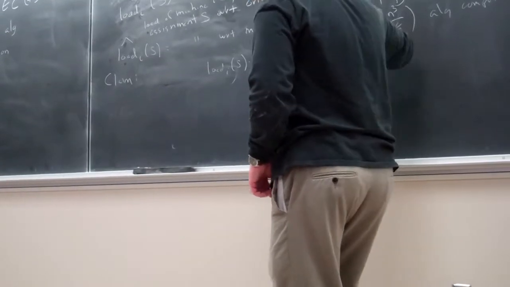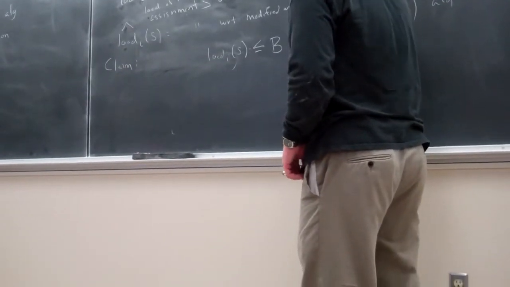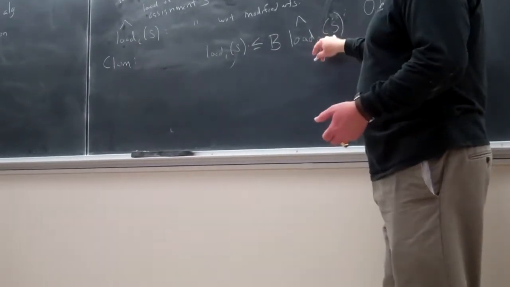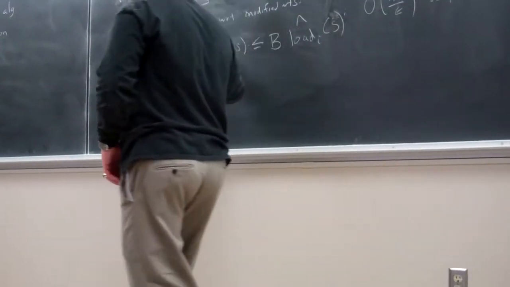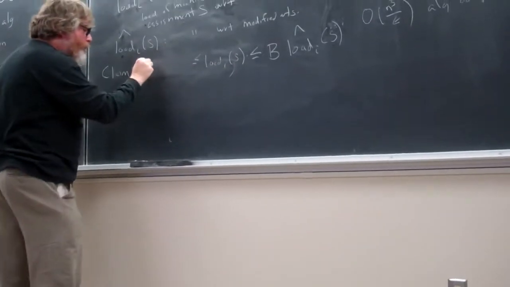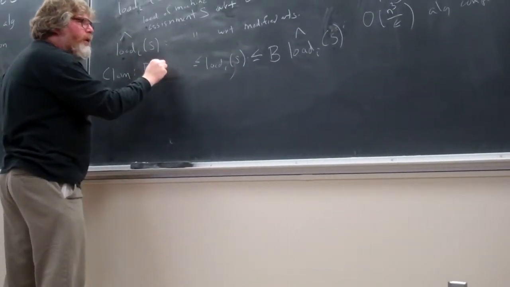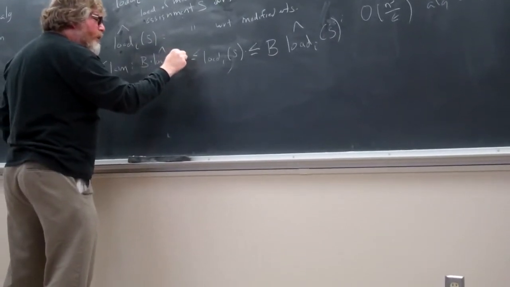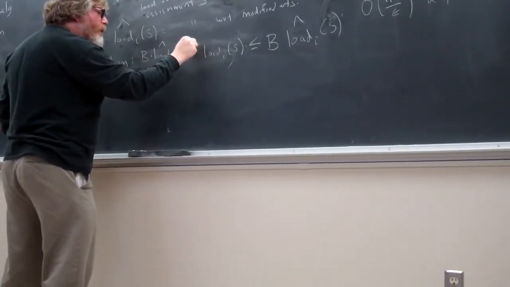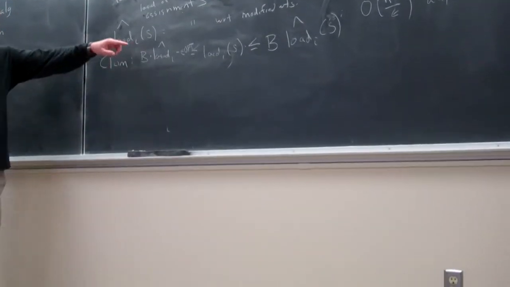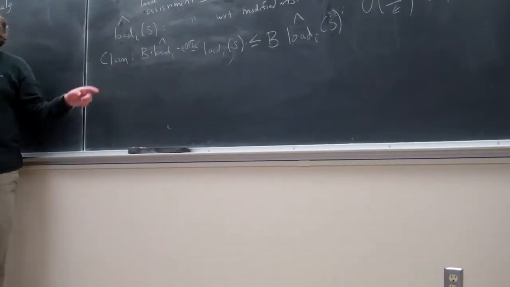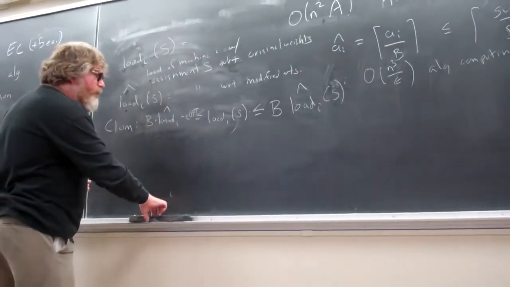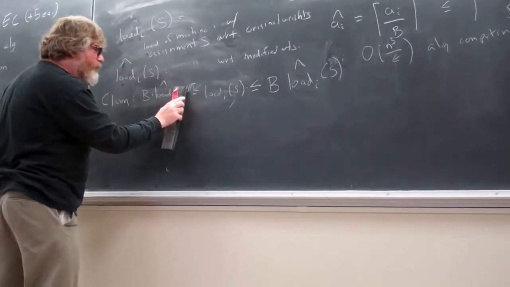this normalizing factor B times the load in the new weighted jobs, and that same thing minus something that is at most epsilon times the optimal solution of the original problem.